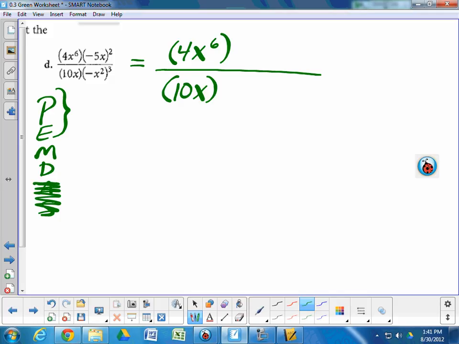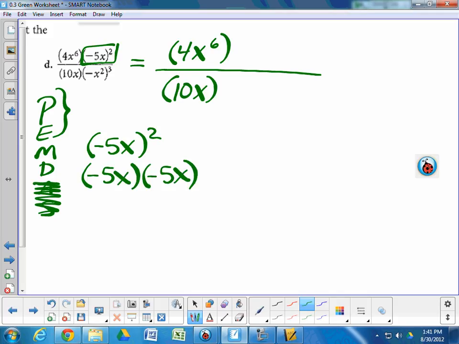What I'm going to do is take this part and come down here and work on it separately. If you want to separate your work for now and then put it all back together up top, that might help. So what we need to do with this is think about what negative 5x squared means. I'll do this one the long way, and then we'll do the bottom one the short way. The long way is to say negative 5x squared means negative 5x times itself.